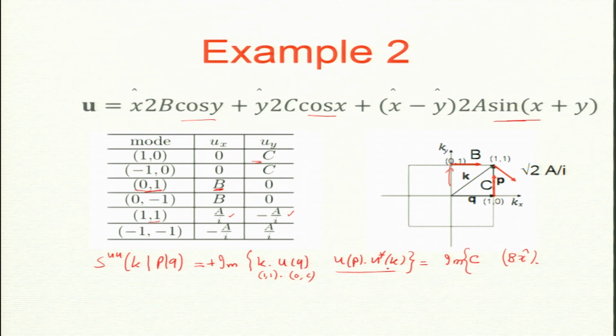And U star K will be minus root 2 A by I, and the direction is x hat minus y hat by root 2.